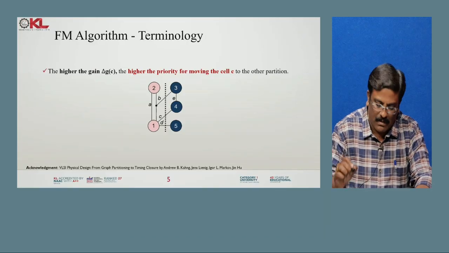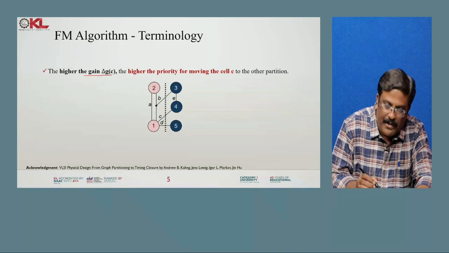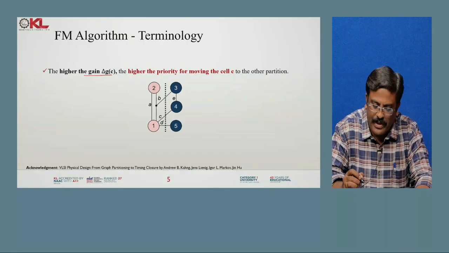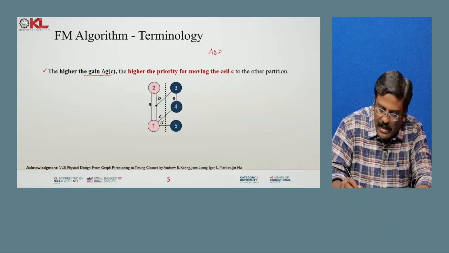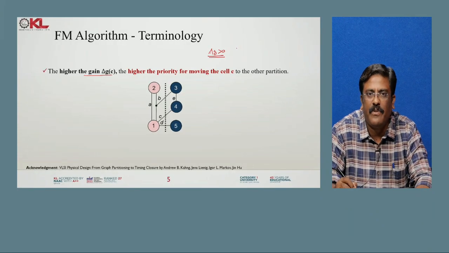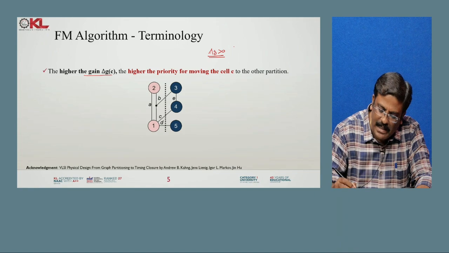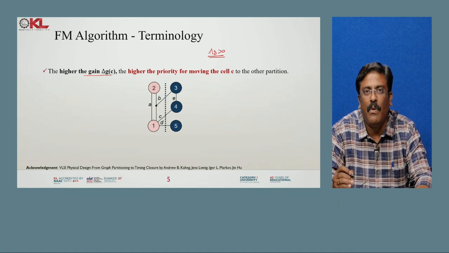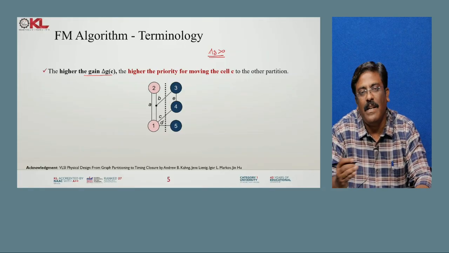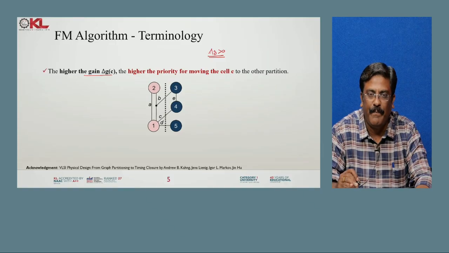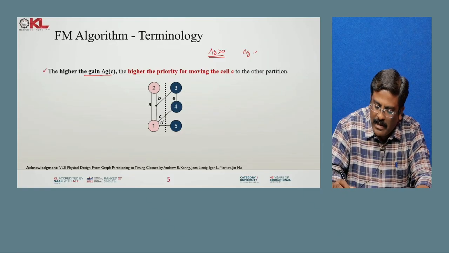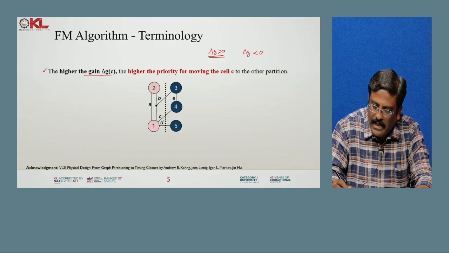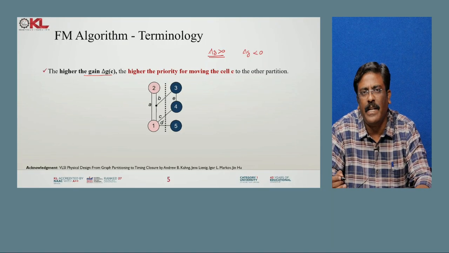Before getting into the graph, what is the benefit of this del G? When the del G value is greater than 0, it indicates that the cell or node has more priority to move from one partition to the other. And as in the KL algorithm, whenever the del G value is less than 0, that cell has a higher possibility of being retained in the same partition and may not move to the other partition.